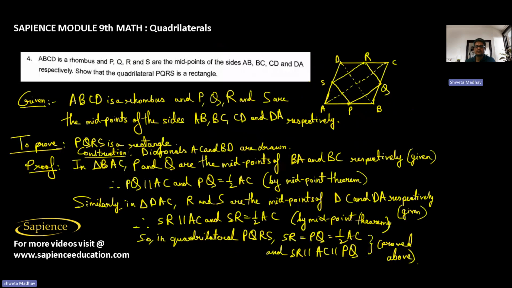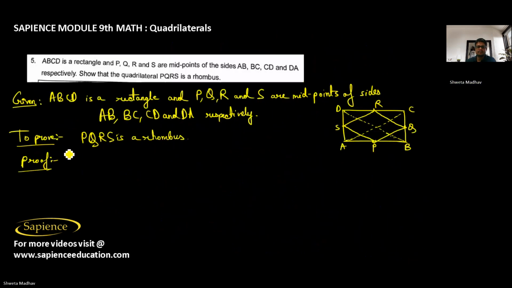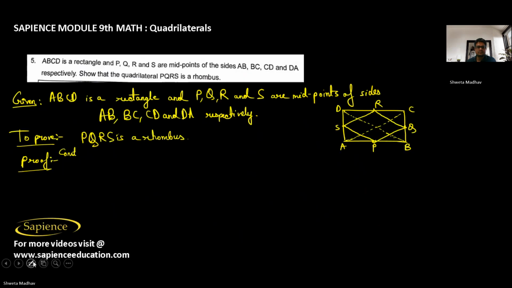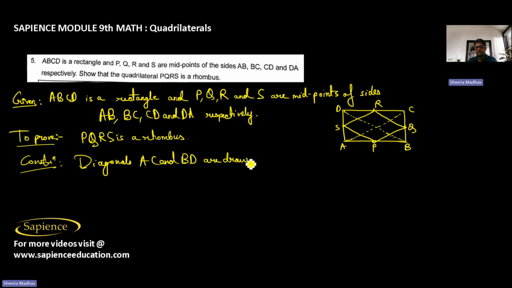And here also, before writing the proof, we have to write the construction, which is that the diagonals AC and BD are drawn in the rectangle ABCD.